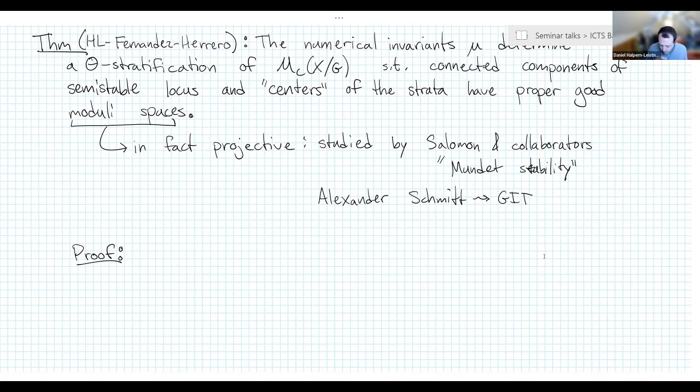But the other one becomes a sort of large optimization problem.